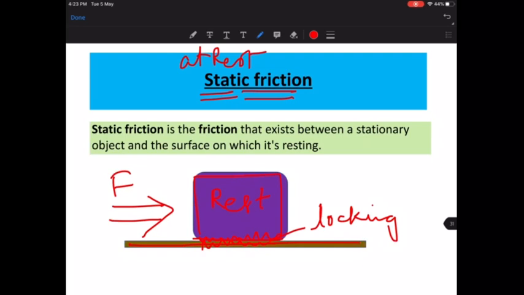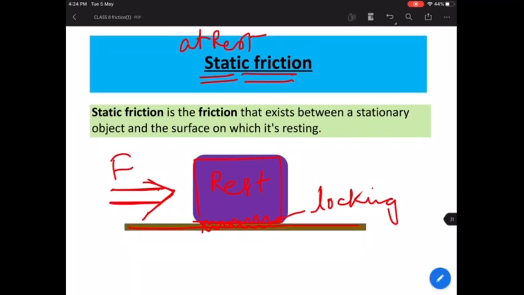Please understand this point very carefully. If you want to unlock the interlockings, you have to apply force. If your force is larger, the interlockings will no more stay interlocked and they will be free to move. So the object moves. Fine. So what is static friction?